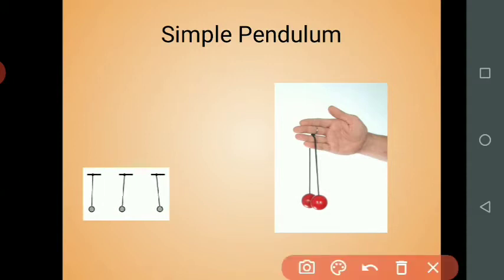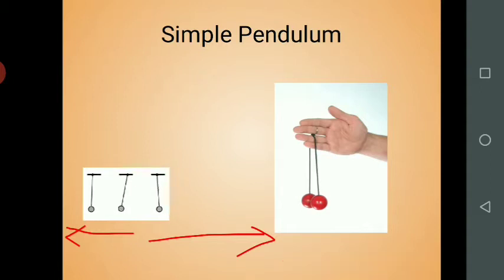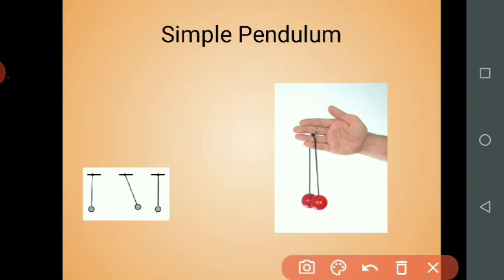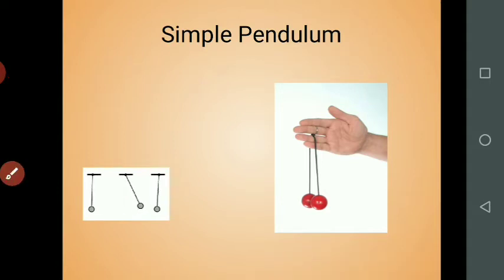Now you can see that the pendulum is moving to and fro in equal intervals of time. So, a complete motion of a pendulum from its mean position through one cycle is called oscillation.